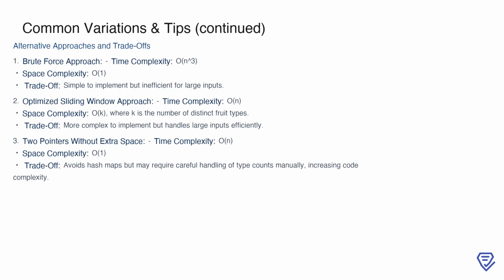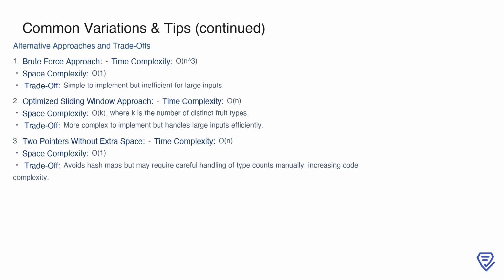There are multiple approaches to solving this problem, each with its own trade-offs. The brute force approach, while simple to implement, has a time complexity of O(n³) and a space complexity of O(1). This makes it unsuitable for large inputs due to its inefficiency. On the other hand, the optimized sliding window approach drastically reduces the time complexity to O(n) and uses O(k) space, where k is the number of distinct fruit types.